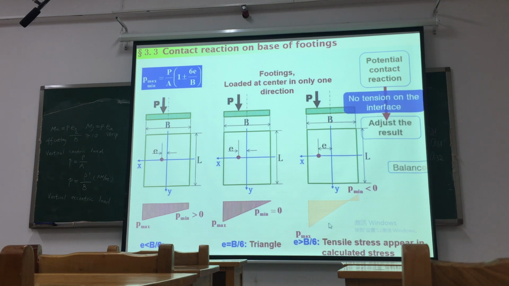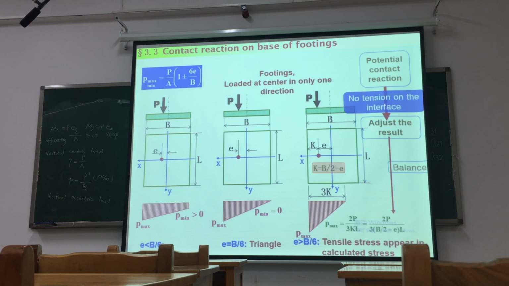So we adjust the result and use the equivalent load statics. Then we can determine the k and the maximum value for the adjusted distribution.